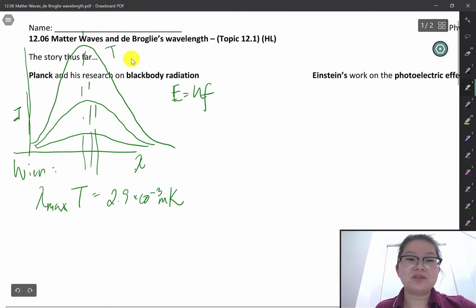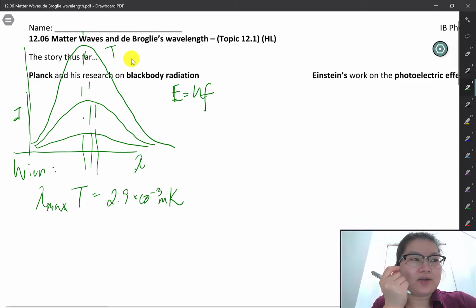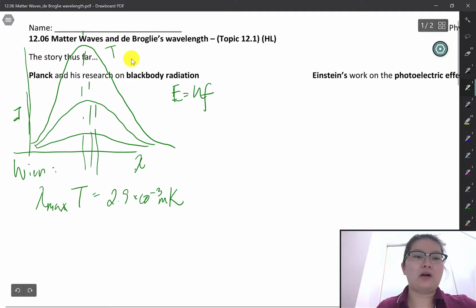He proposed that at higher temperatures, the oscillations of these electrons increased to the point where they would be able to release radiation of higher energy, or that of lower wavelength.